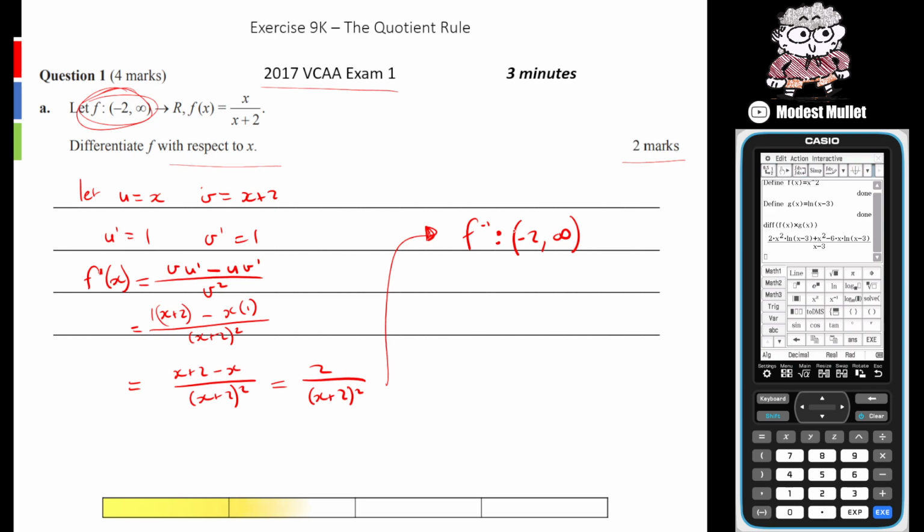It's telling us the gradient at those x values. The range can of course change, but the domain should be the same. f dash of x is equal to 2 on x plus 2 all squared. And that's it. So really simple using the quotient rule.